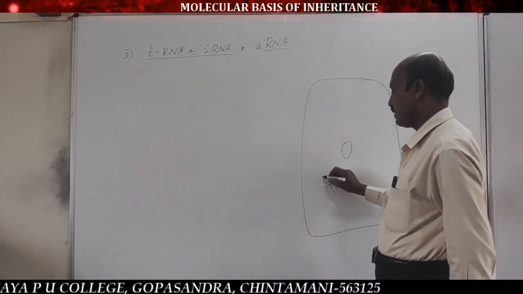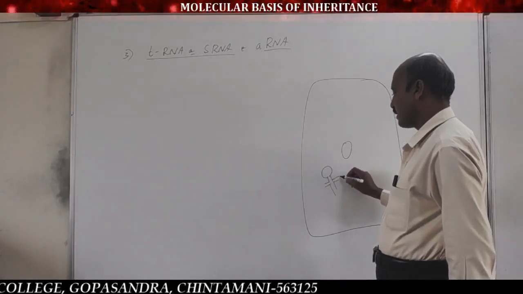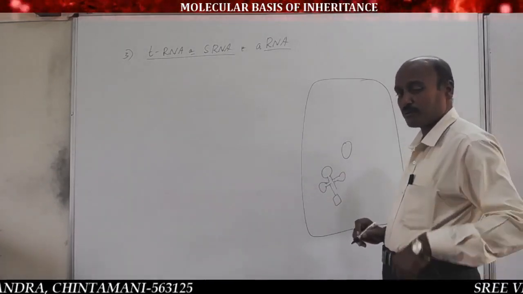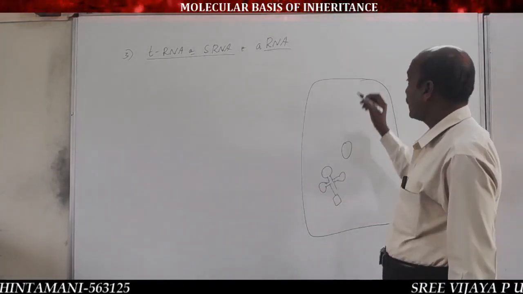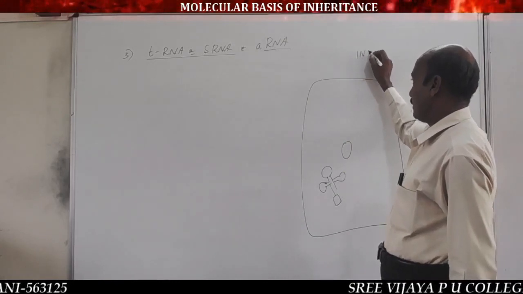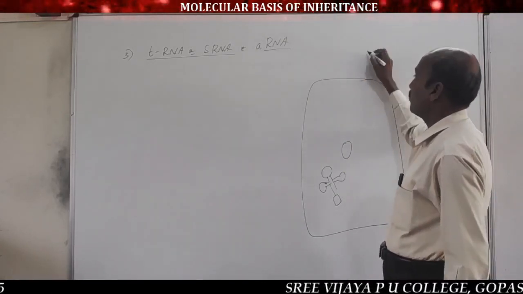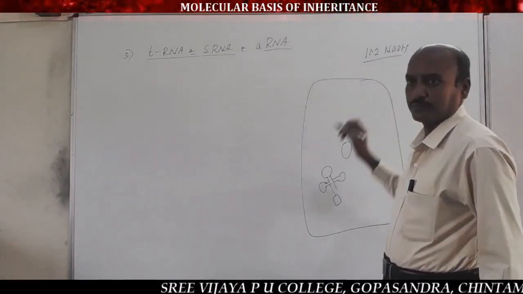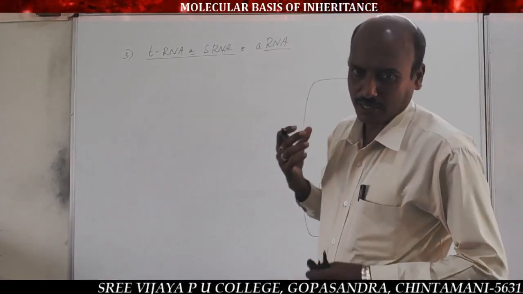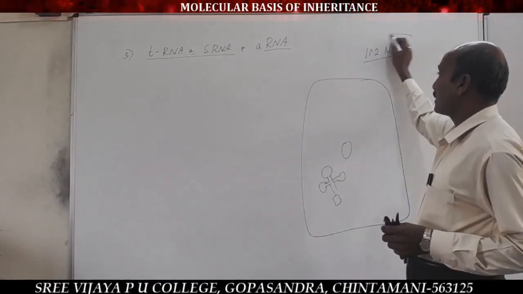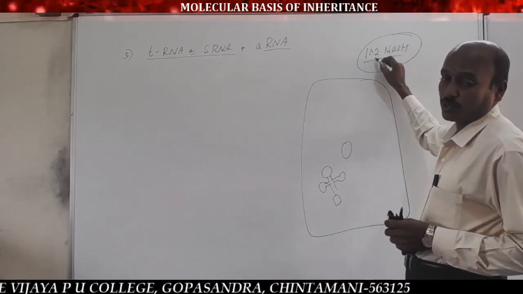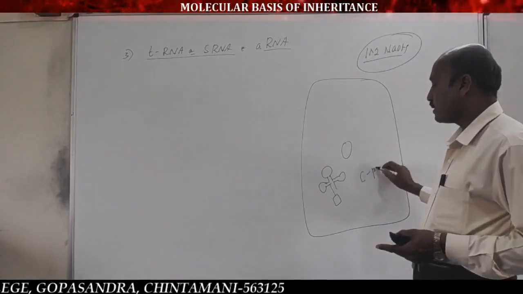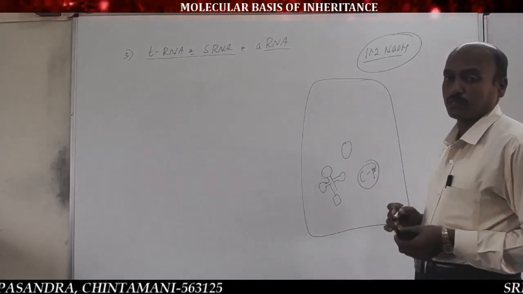Naturally, tRNA is soluble in the cytoplasm of the cell after protein synthesis, and artificially, in a laboratory medium, it is dissolved in 1 molar sodium hydroxide solution.